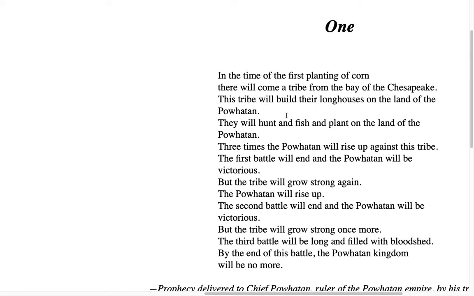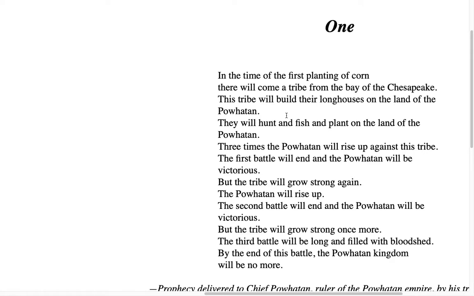This tribe will build their longhouses on the land of the Powhatan. They will hunt and fish and plant on the land of the Powhatan. Three times the Powhatan will rise up against this tribe. The first battle will end and the Powhatan will be victorious, but the tribe will grow strong again.